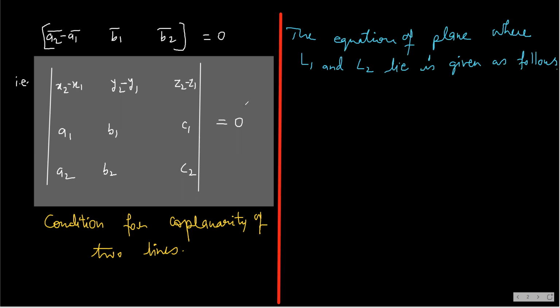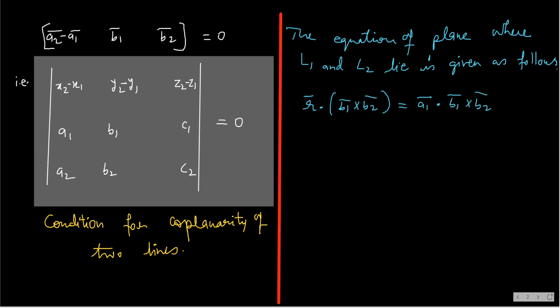See what you will do. You have a variable point R. So you will write R bar dot N bar is equal to A bar dot N bar. So R bar dot B1 bar cross B2 bar is equal to A1 bar dot B1 bar cross B2 bar.